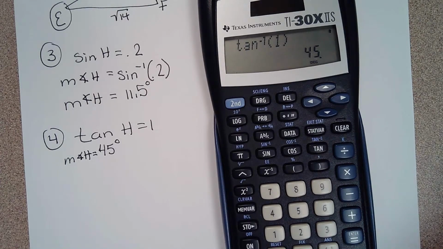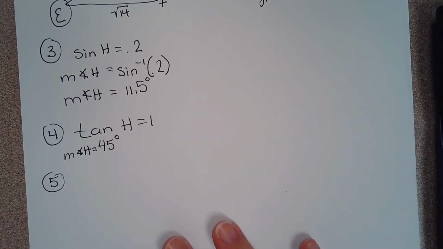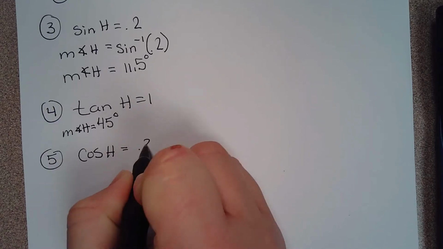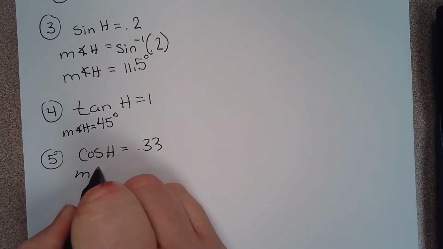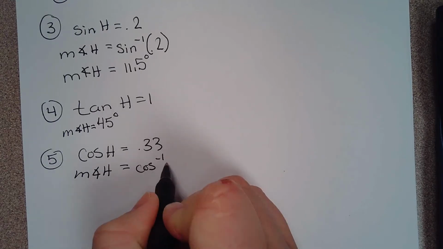Let's look at number 5. Number 5 is cosine h equals 0.33. Once again, the measure of angle h equals cosine -1 of 0.33.